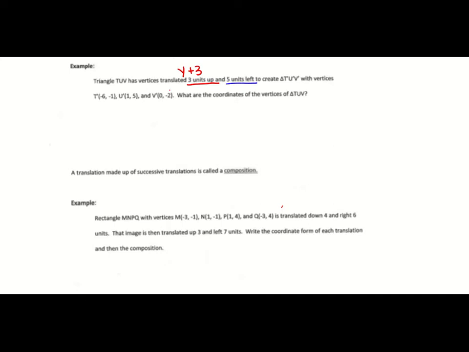So if I go left, that is my negative x direction. So that means I'm going to take my x and subtract 5. Okay, so if I write my new coordinate transformation up top here, I'm going to get x minus 5 and y plus 3.